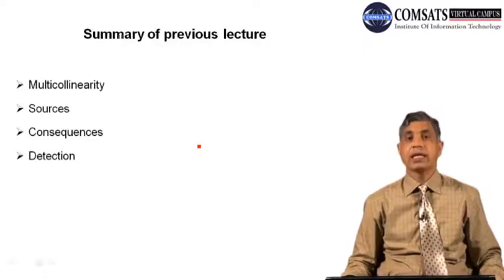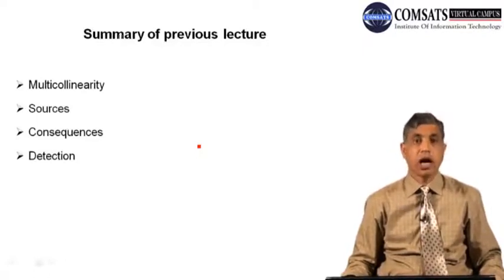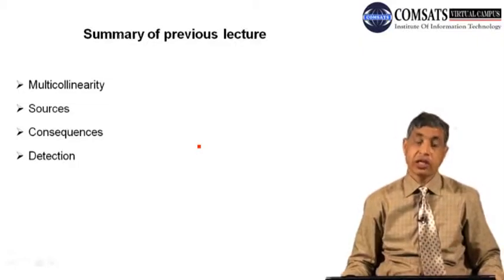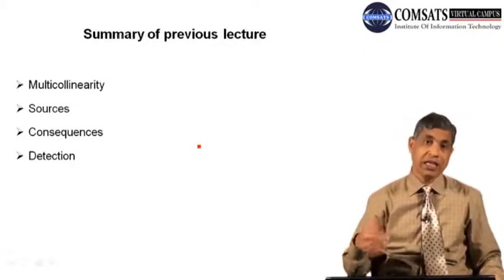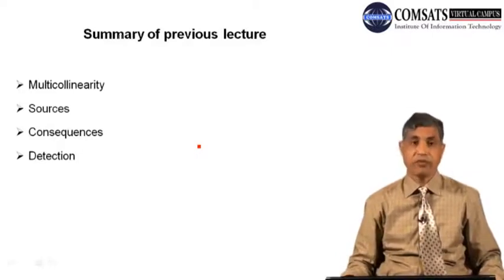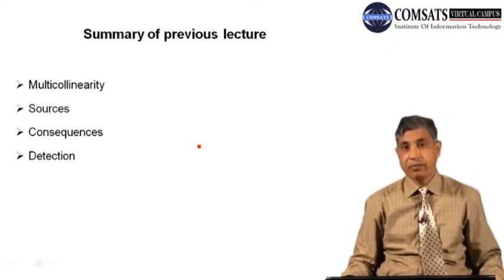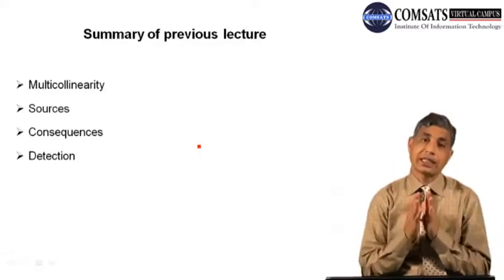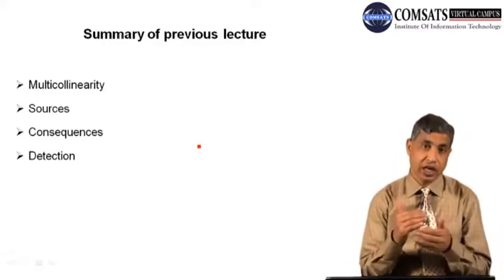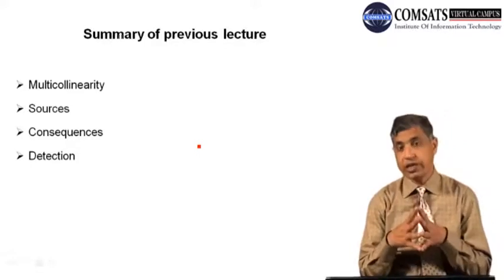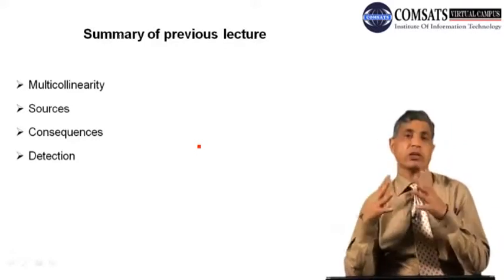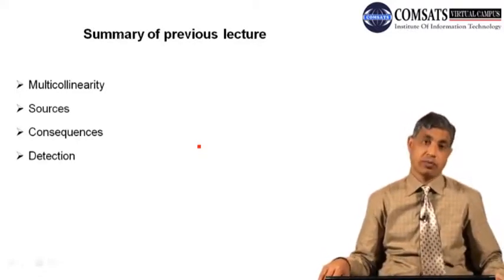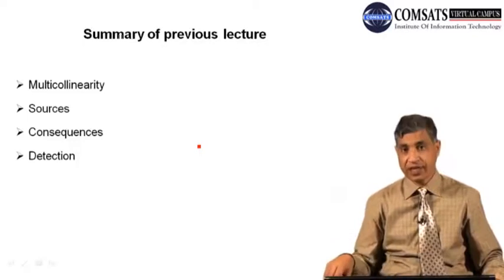We talked about that theoretically there is no problem. Our parameters are the best linear unbiased estimators, but when we work practically, we face a number of problems. And what was the major problem? Although there is no exact multicollinearity, now we are talking about high collinearity, because if there is perfect collinearity, you will be unable to determine your regression coefficients.